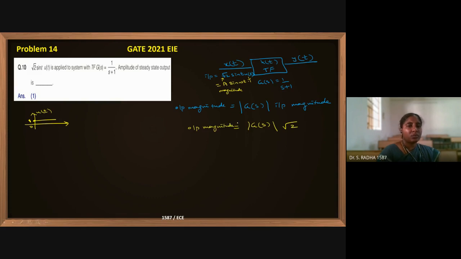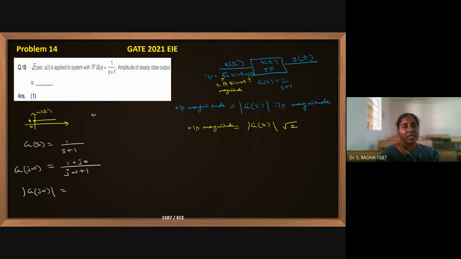Next, take G of s, wherever s is there, substitute j omega. G of s is 1 by s plus 1. Find the magnitude of G of j omega. Numerator is 1 plus j0, imaginary part is 0.